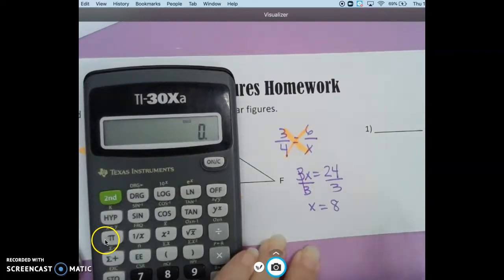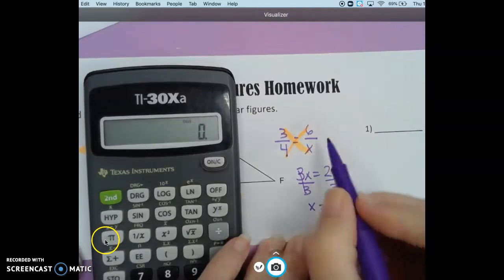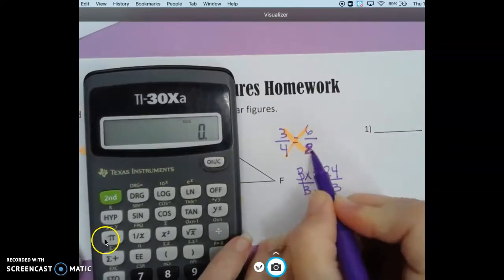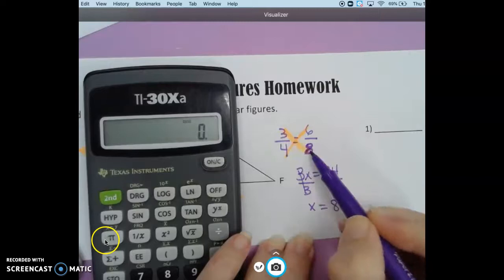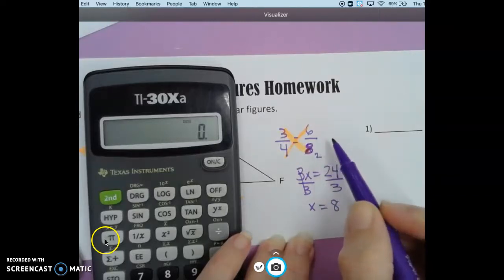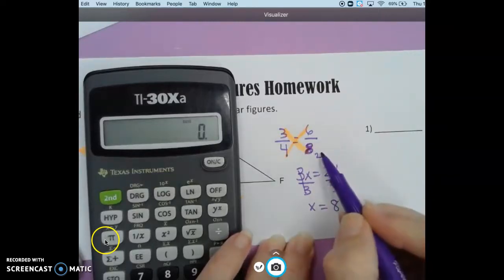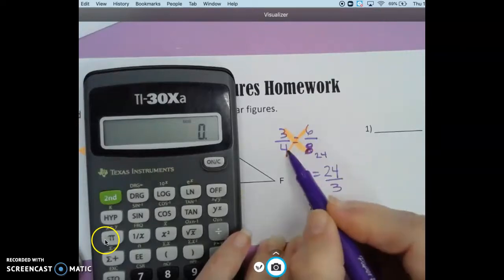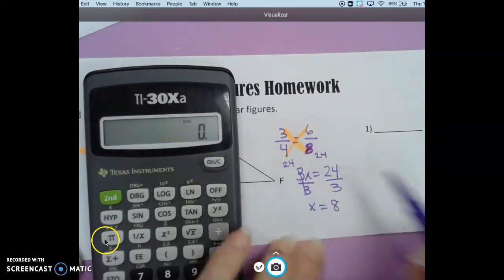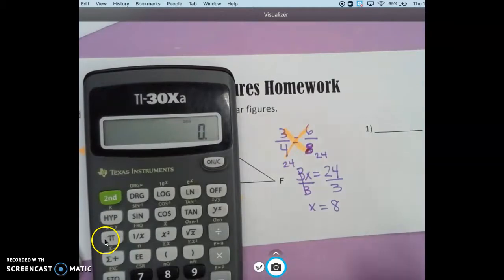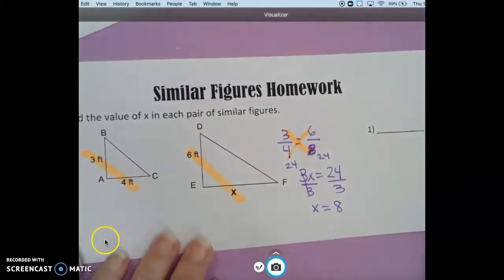So if I wanted to check it, I would put 8 in this position. 3 times 8, which is 24, and 6 times 4, which is 24. So I know I got it right. So that means that this missing piece has to be 8.